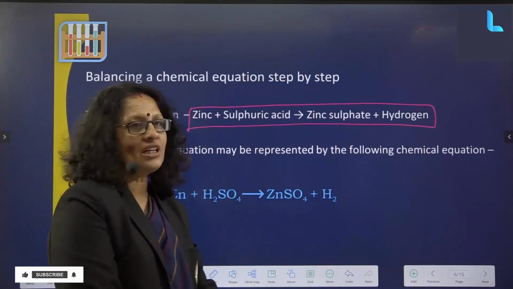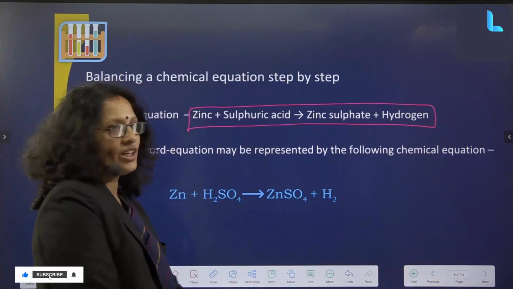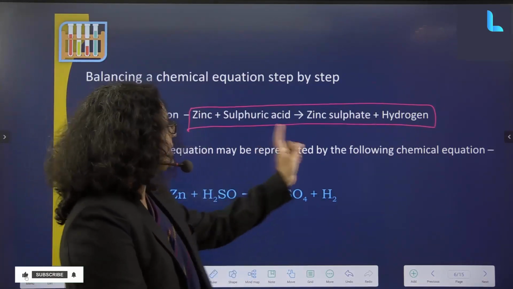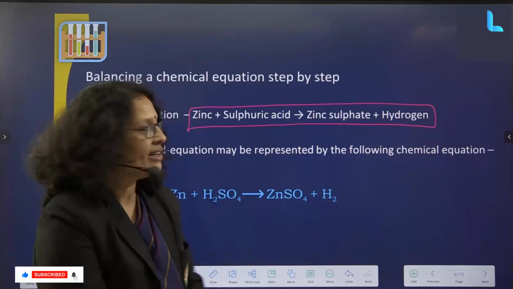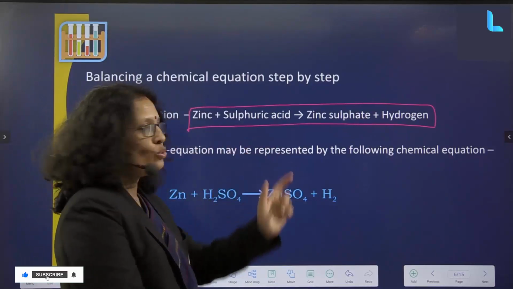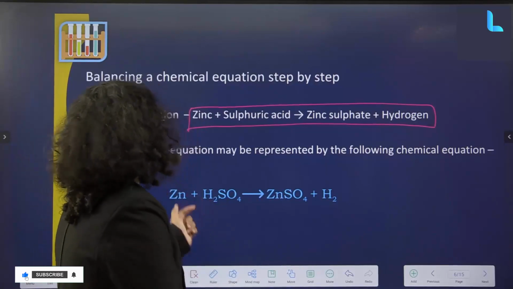Now balancing a chemical equation step by step, the word equation is given: zinc plus sulfuric acid gives zinc sulfate plus hydrogen. So when zinc and sulfuric acid combine, you get zinc sulfate and hydrogen.